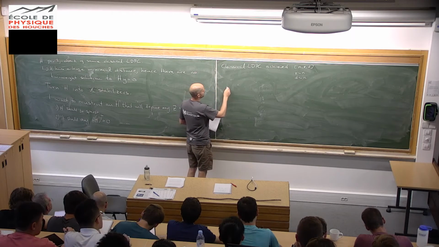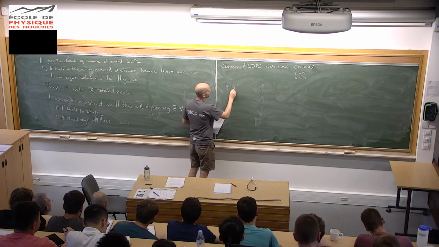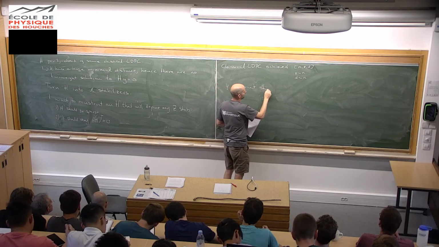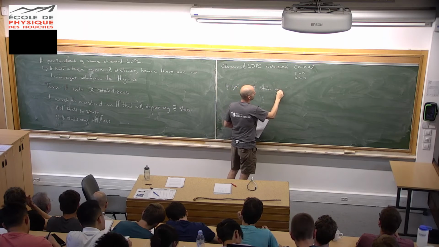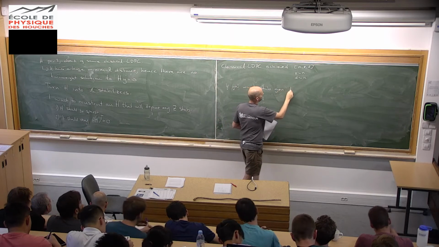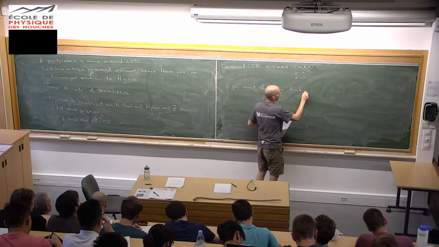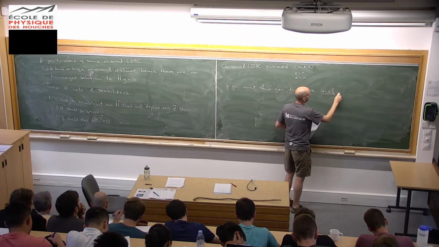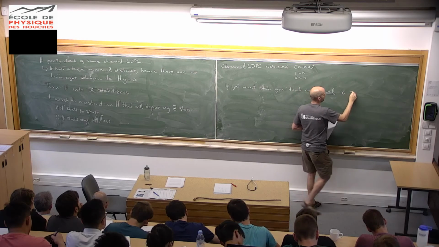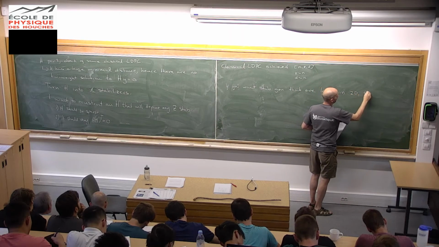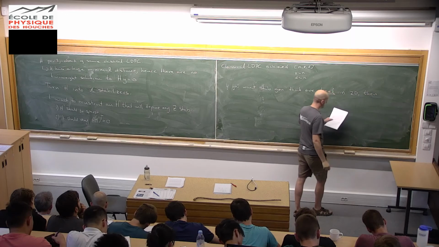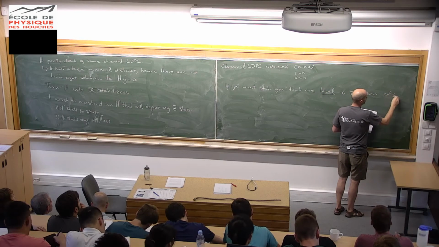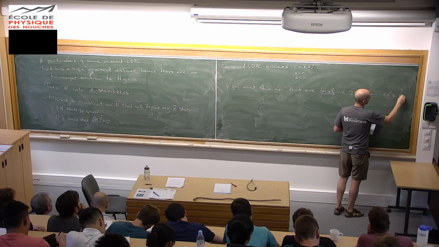In the quantum case, if you want stabilizer generators that are local in 2D, then we will have something like this: k d squared less or equal to something proportional to n.